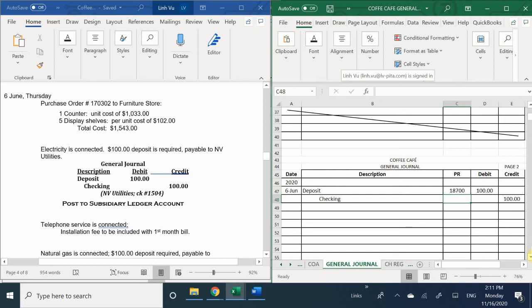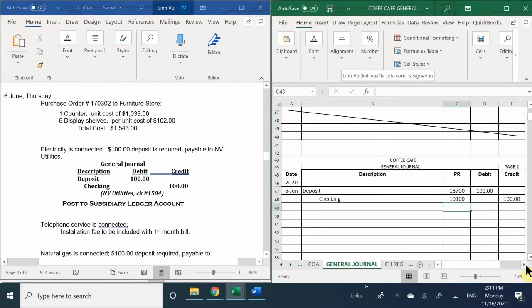Because it's a deposit, you can't physically touch an electricity deposit, can you? No. So it's an intangible asset. You own the money because they'll give it back to you when you shut off the water, supposedly, but that's what they're requiring. And of course, checking is 10,100.